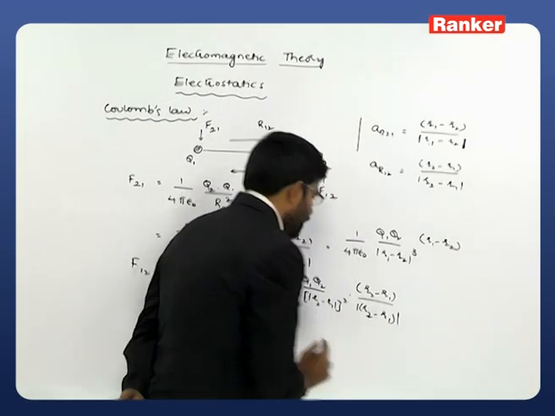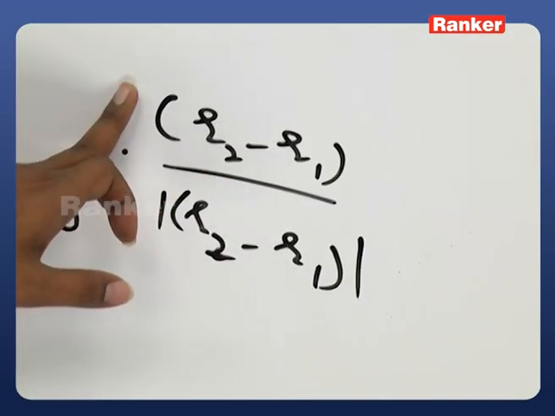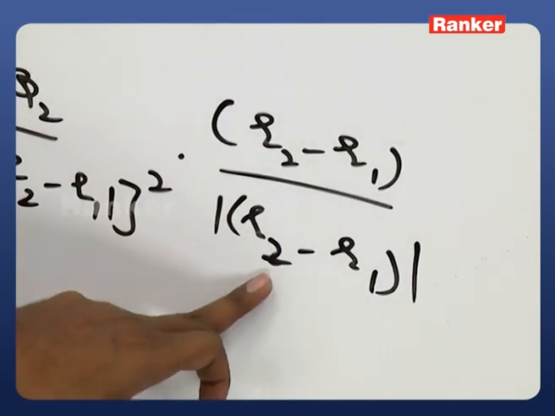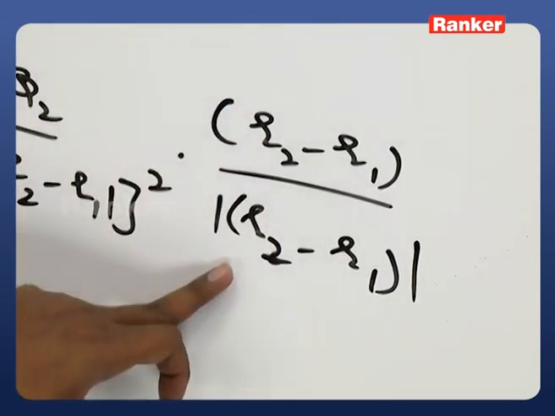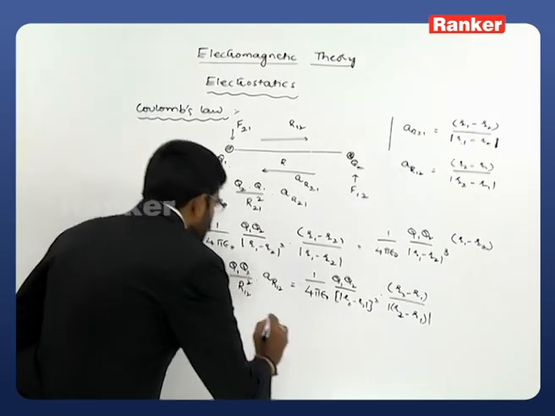So once again, clearly observe, this is the distance vector and this is the magnitude of this distance vector. So this is a vector quantity, and in the denominator what we have is a scalar quantity. Now if you simplify this one, what do we get?